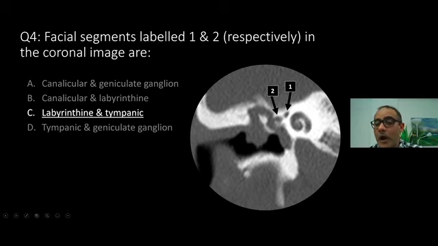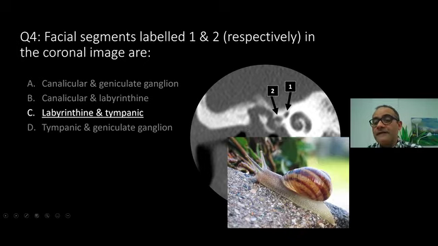You see, this is the cochlea, and these two dots here represent the labyrinthine and the tympanic. And you remember that by a snail's eye. The snail's eye configuration tells you that this one is the labyrinthine and this one is the tympanic when you see the cochlea here at this level of coronal plane.